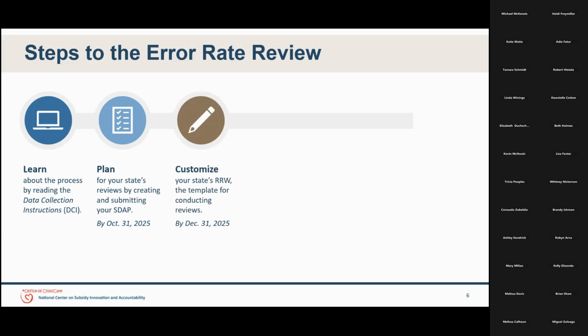Then customize the record review worksheet template, which is the tool that you'll use to conduct your case record reviews. And we will be discussing how to customize the worksheet on this webinar. Once the SDAP and the record review worksheet have been created and submitted and approved, then you may begin conducting your 276 case record reviews.